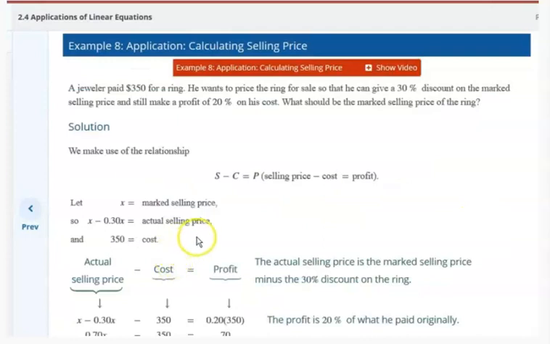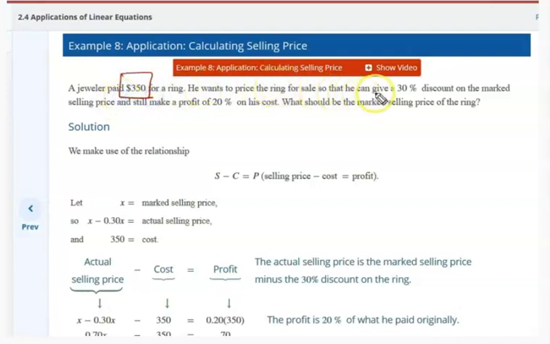Now, again, hopefully you're pausing, reading the examples carefully, and then perhaps even looking over the strategies mentioned here as we look at the textbook. But this is one that's very typical of what we have. A jeweler paid this much for a ring.